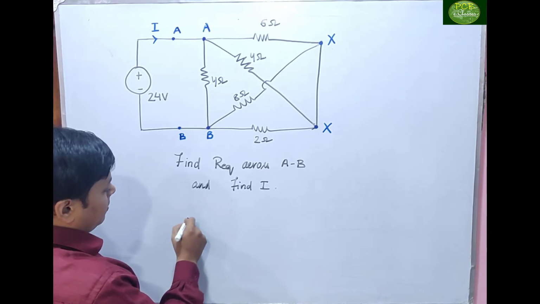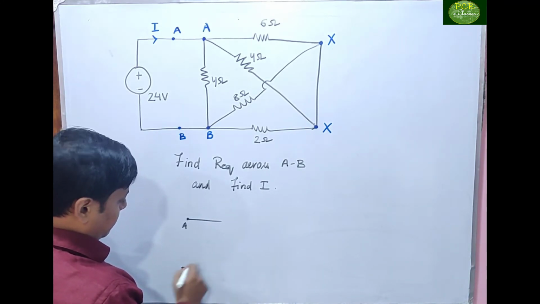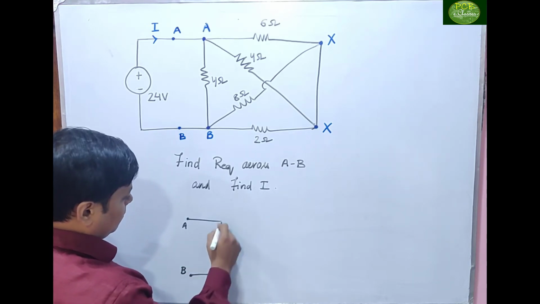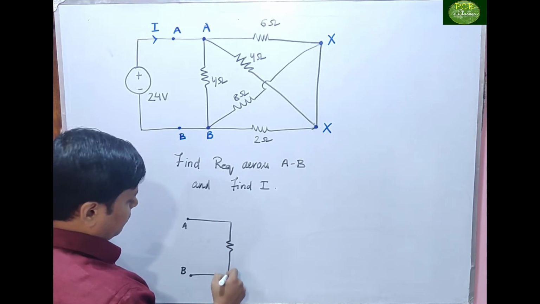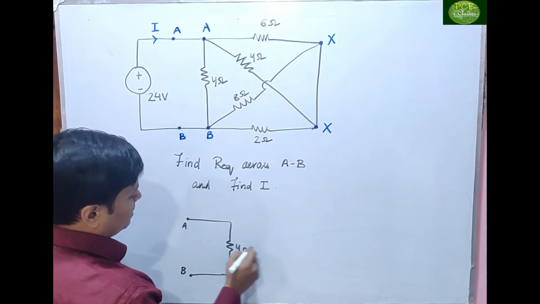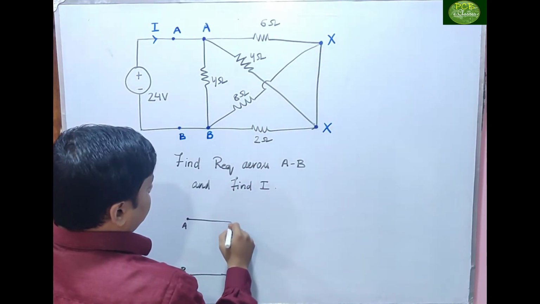This is A point and this is B point. Fine. From A to B, what is present? 4 ohm is present. Clear?